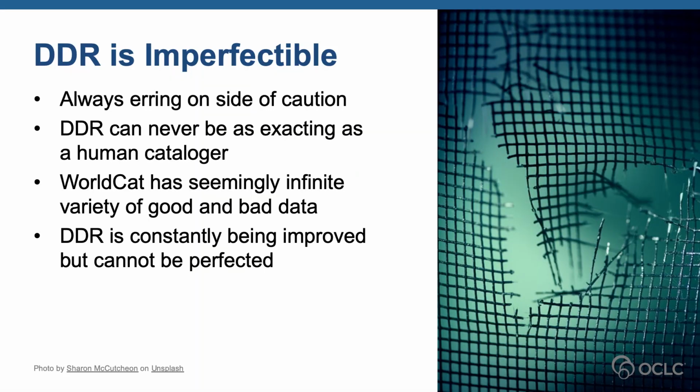Of course, DDR is an automated process, and no matter how painstakingly we have planned, designed, developed, and tested, no such process can ever be as exacting as a human cataloger. In a database as large and diverse as WorldCat, no one can anticipate all of the possible permutations of data that might be encountered.